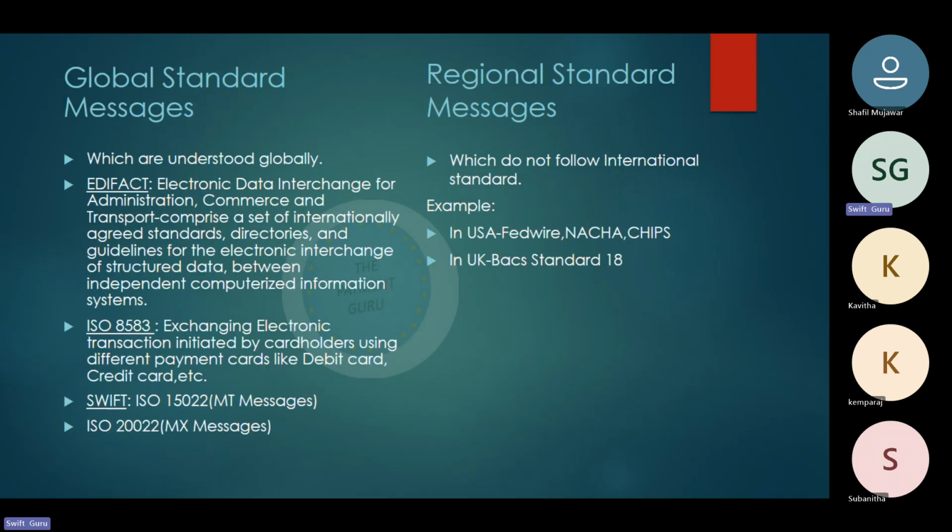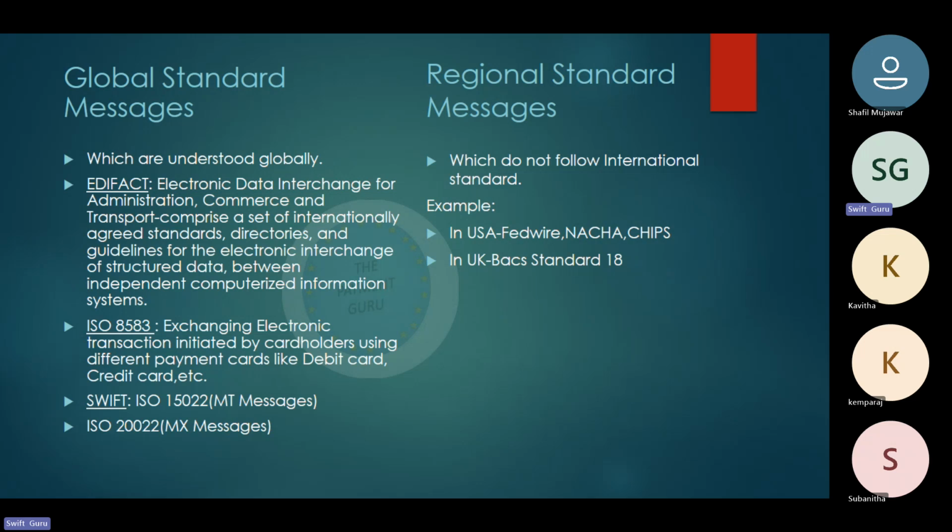There are global standard messages, which are understood globally across different countries and banks, and there are regional standard messages, which do not follow any international standards and are only understandable to a limited region or country. For example, for the regional standard, you had the Fedwire system earlier. Only now they migrated to ISO 20022 some 2 months back.